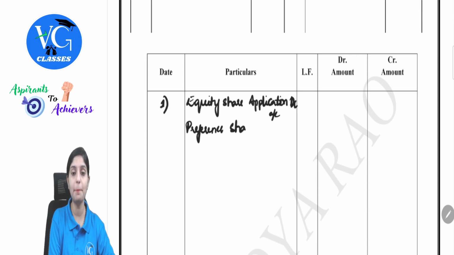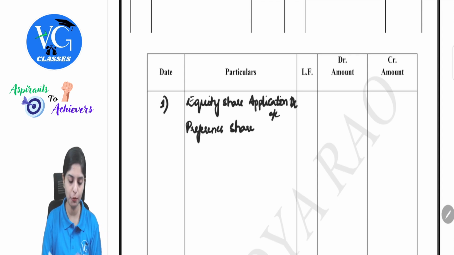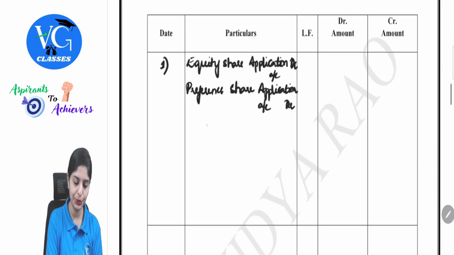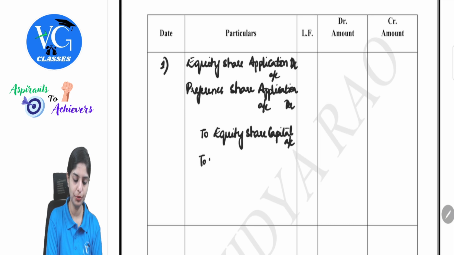You can also pass separate entries for equity and separate for preference. Both give the same answer. Equity share application account debit, preference share application account debit, to equity share capital account, to preference share capital account.